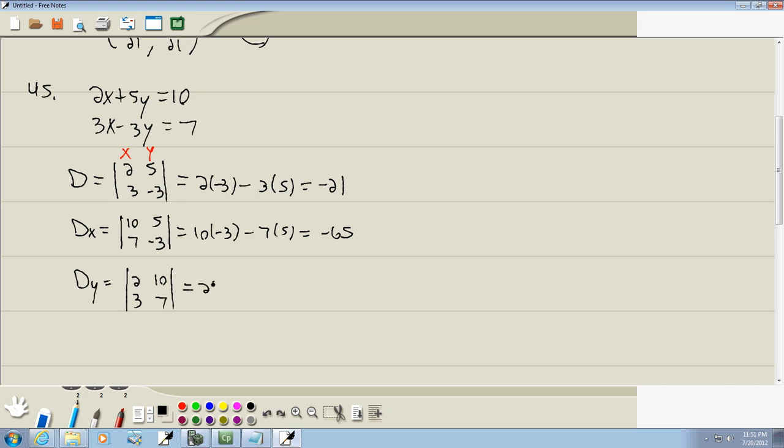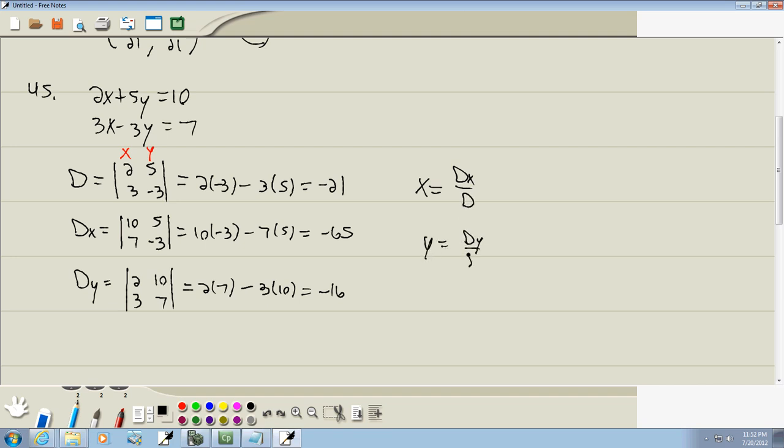This one, cross multiply: 2 times 7 minus 3 times 10. So that gives us 14 minus 30, negative 16.